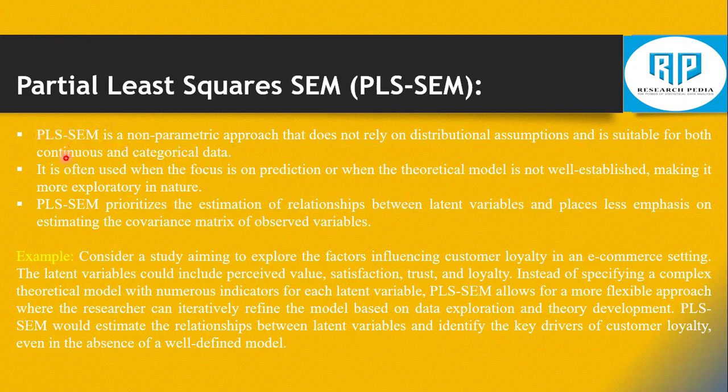And if you have a continuous variable, but your assumption of normality is not fulfilled, you can use PLS-SEM. It is used when your approach is non-parametric, your normality assumption is not fulfilled, or you have categorical data at hand, which may be categorized into two categories, three categories, five categories, and so on.